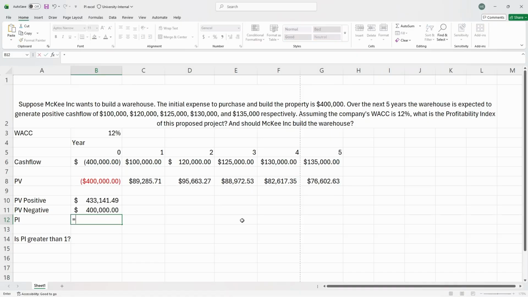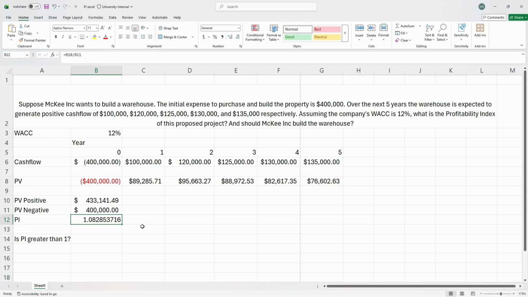And for my profitability index, I only take my first one, I divide by the second one, and I get 1.08. Congratulations, we have found our profitability index, 1.08. Sometimes your question will only ask for the profitability index, in which case you're done.